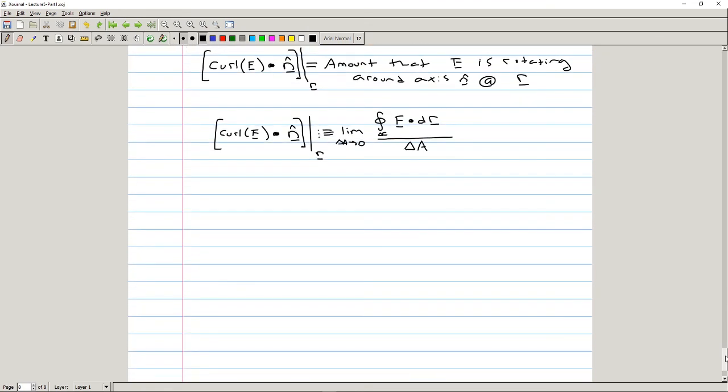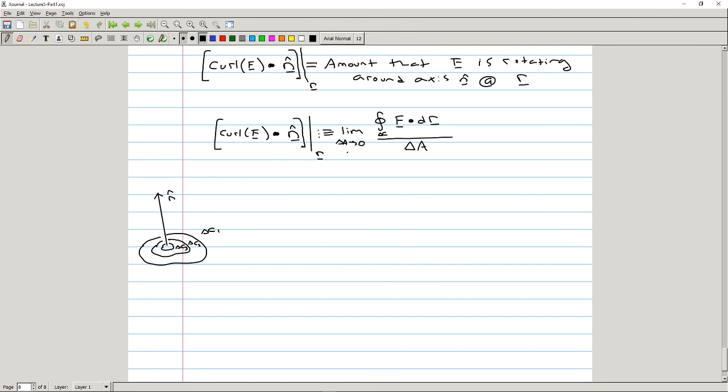So what is this exactly telling us? Well, it's saying the following. It's saying that if n is some direction, and the contour delta C is some contour that is progressively getting smaller and smaller and smaller, say delta C1, delta C2, delta C3, where the corresponding areas are getting smaller and smaller as well.